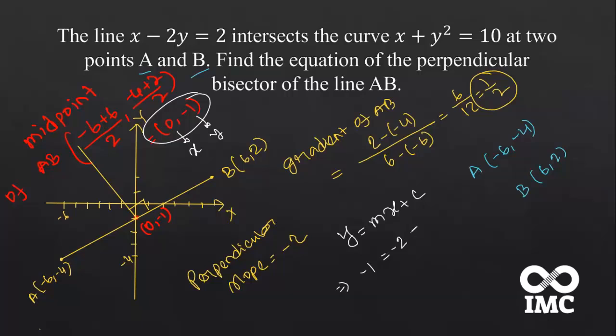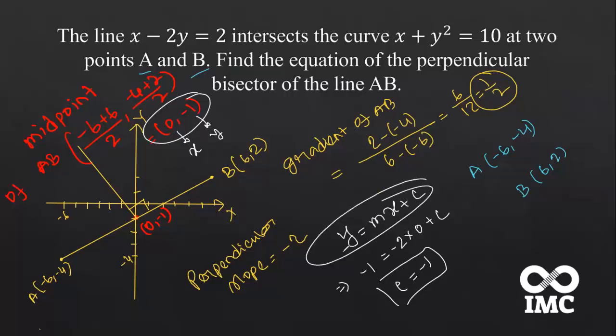So minus 1 equals minus 2 times 0 plus c, so c equals minus 1. Putting this in the equation, the equation of the perpendicular bisector will be y equals minus 2x minus 1. And this is our final solution.